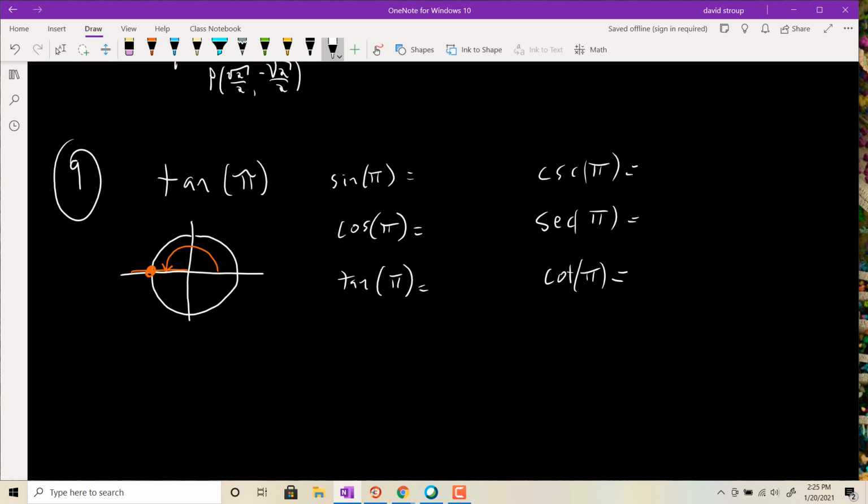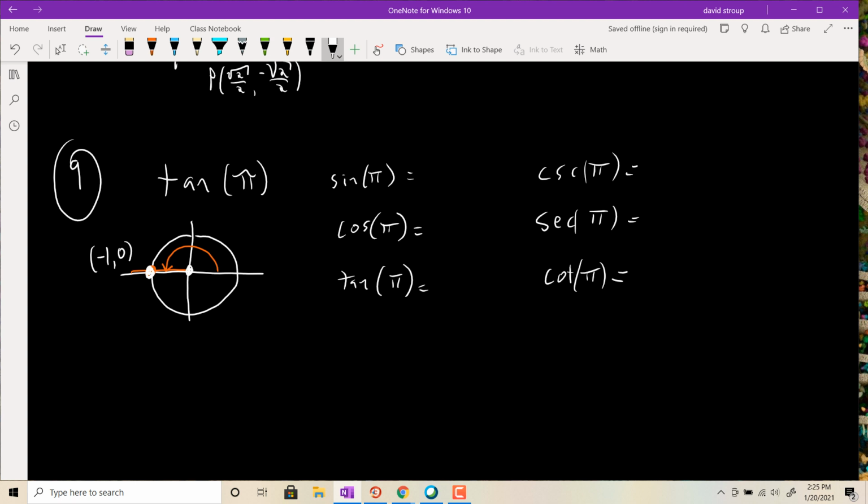Okay, so what is that coordinate? Well, if this is a unit circle, that coordinate is going to be at -1, 0, right? It's on the x-axis, so you know the y-coordinate is 0. And then because it's a unit circle, you know the distance from the origin to the edge of the circle is just 1. I'm going in this direction, -1.